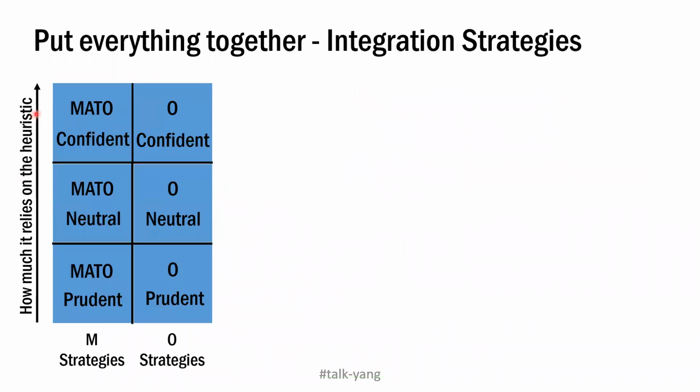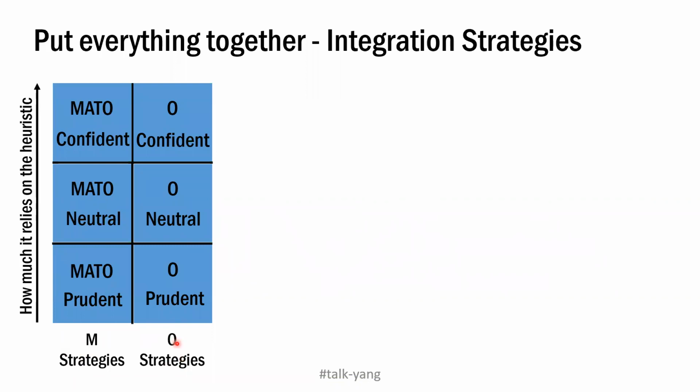Now, given the heuristic and the functional dependency, we again have two dimensions to describe our integration strategies. So a strategy in our system can be from completely ignoring the heuristic to completely relying on the heuristic. And in terms of the scores, a strategy can optimize either the MATO score or the O score.